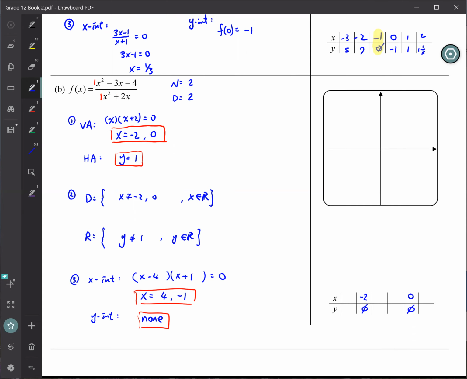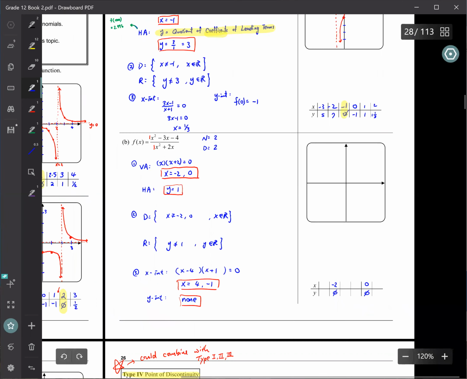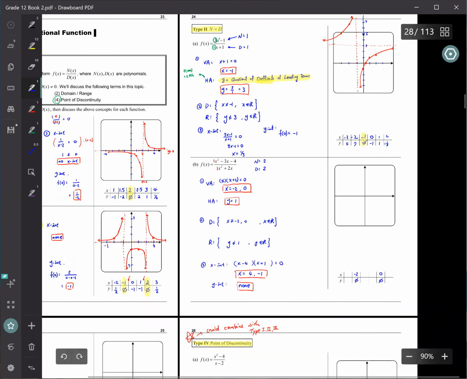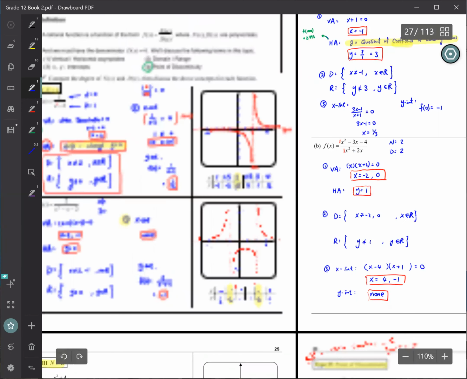I think this one is a little bit different when we start to graph, okay? So that's why I want you to check the table first. Even though we have 2 vertical asymptote, it doesn't mean it will always look like the previous page, okay? So we'll see.